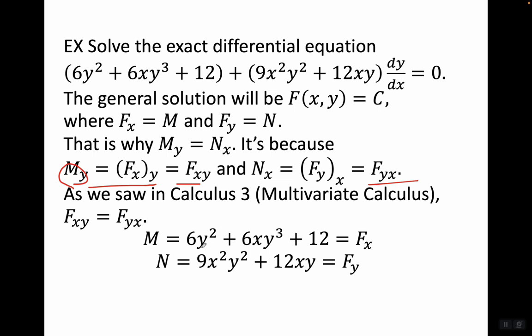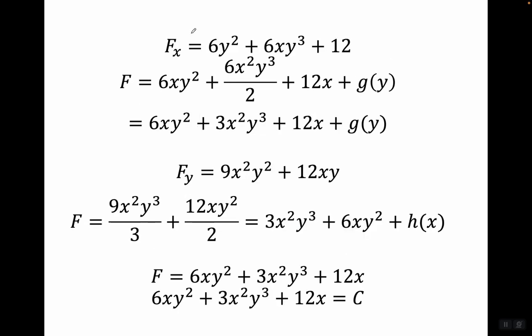Okay, so this is M, 6y² + 6xy³ + 12, and that's going to be f_x. N is 9x²y² + 12xy, that's f_y. Now we just need to integrate. So again, this is going to be our f_x. Let's integrate both sides with respect to x.